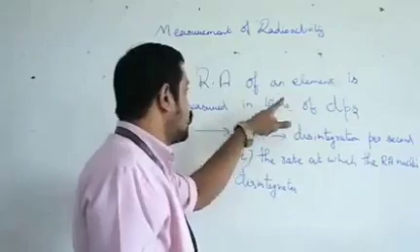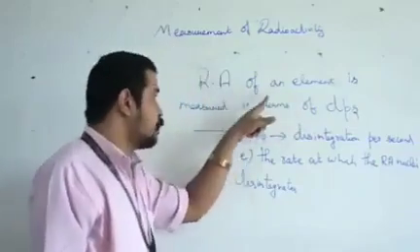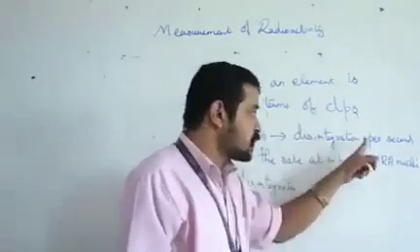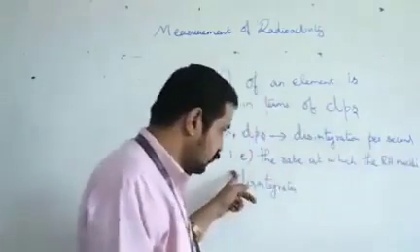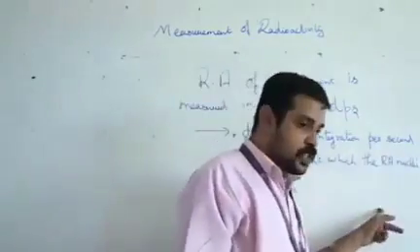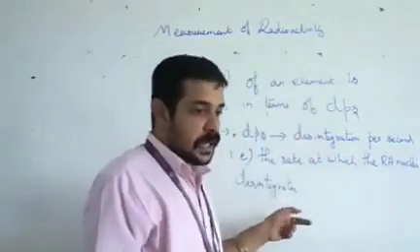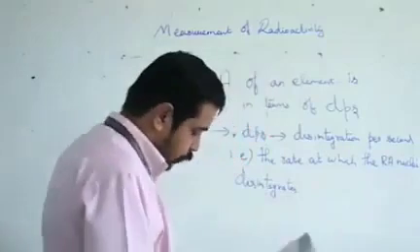So the radioactive activity of an element is measured in terms of dps, disintegration per second, the rate at which the radioactive nuclei disintegrate.